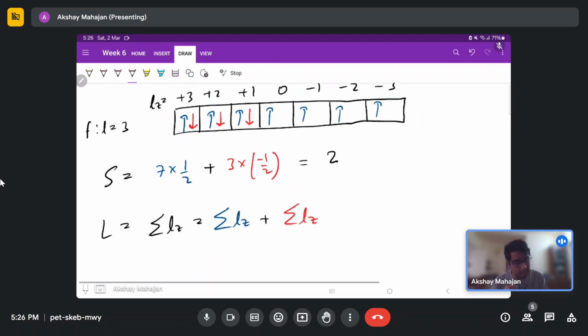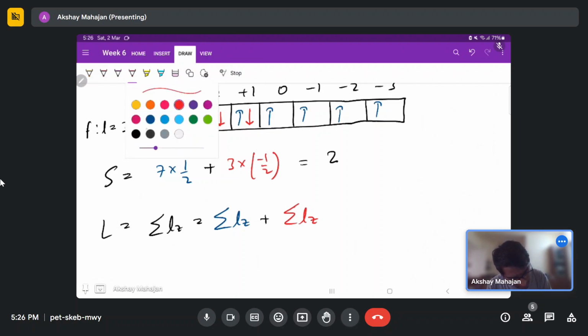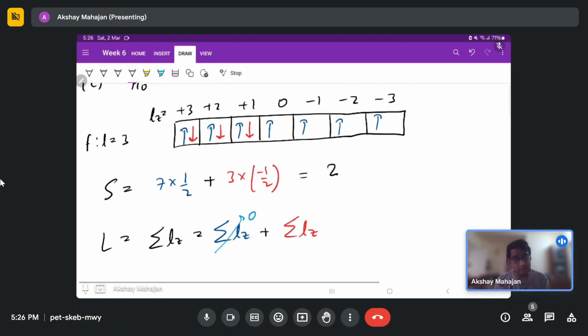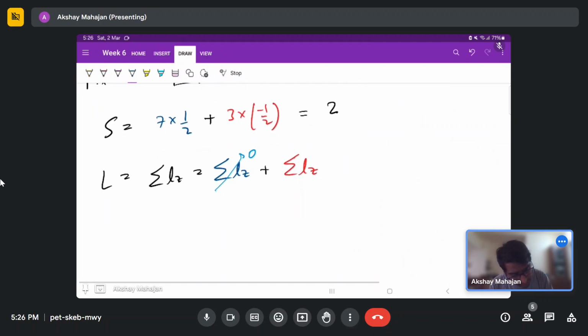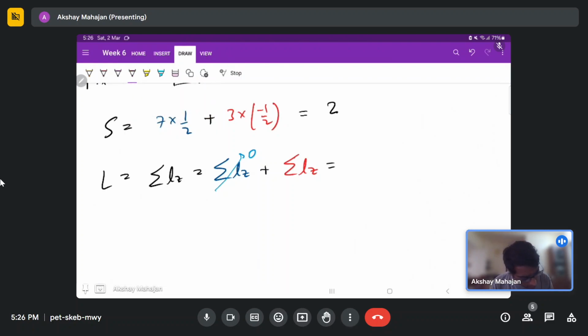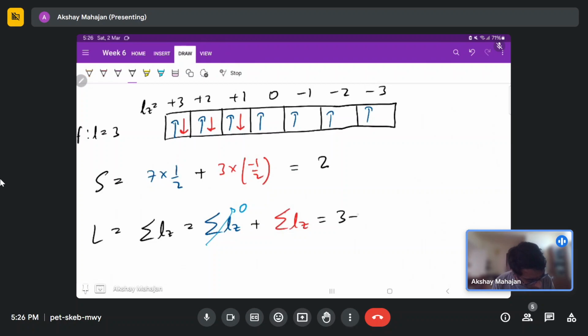Spin up ones, they are half filled, so they will be 0. You can check, plus 3 plus 2 plus 1 and minus 1 minus 2 minus 3, sum up all, you will get 0. And for the spin down case, we have filled it up to 3, 2 and 1. So this will give me 6. L value will be 6.